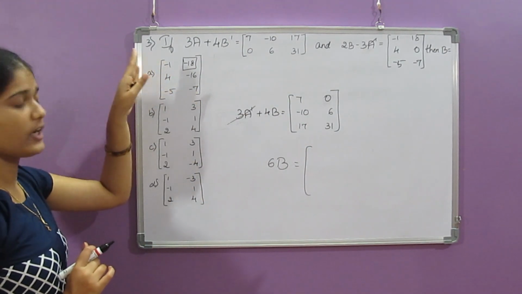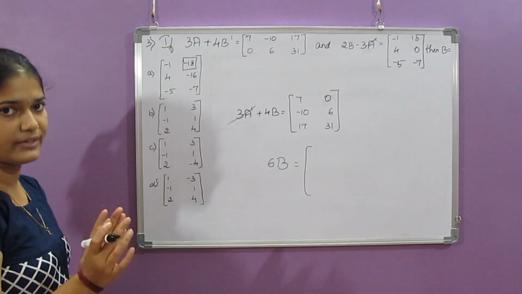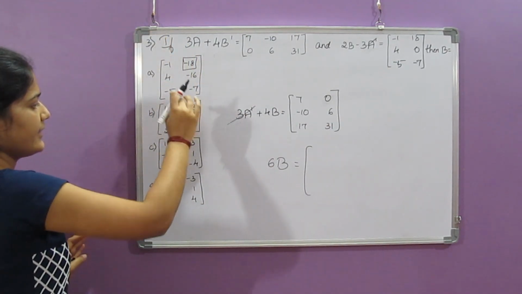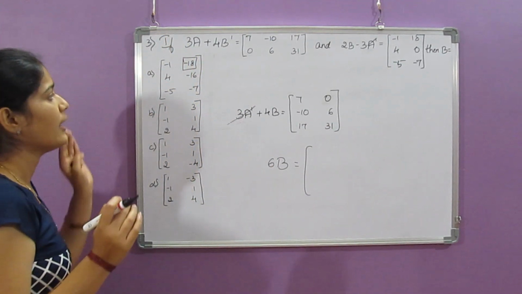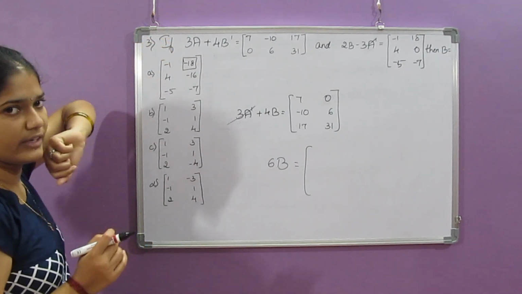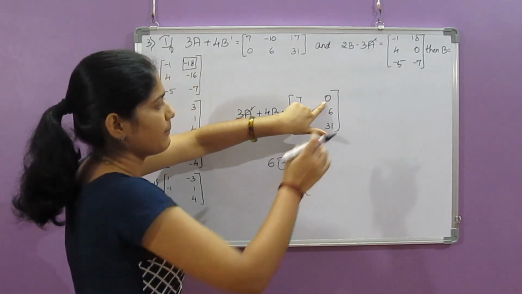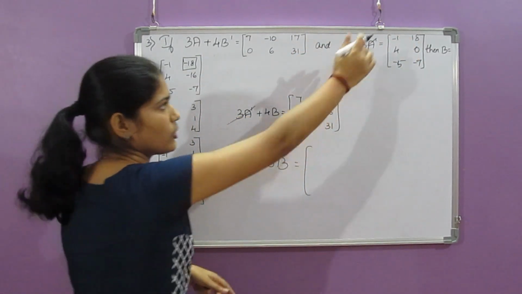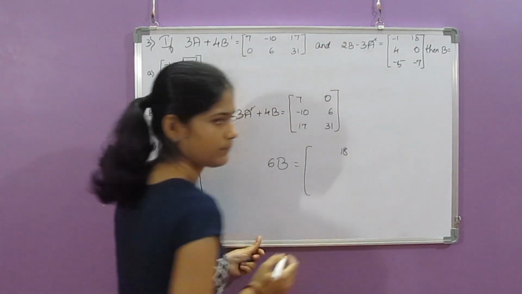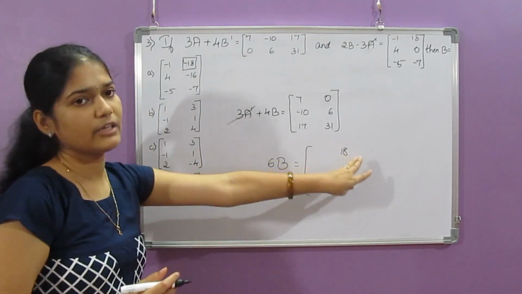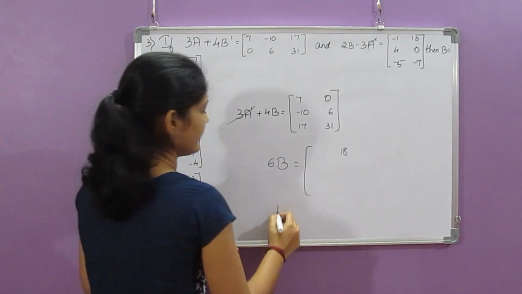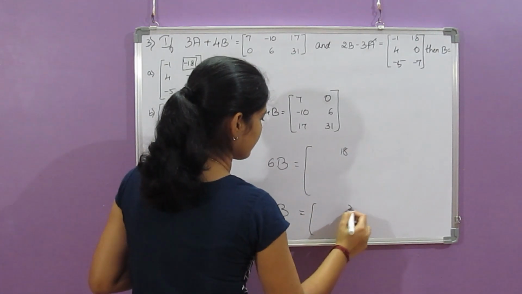In this position, almost all options have different numbers. That means here we have minus 8, 3, 3 and minus 3. Now we will find which number will come in this position. That means we have to add the numbers only in this position. That is 0 plus 18 is 18. Then in 6B we got 18, which means clearly in B we will get 3.